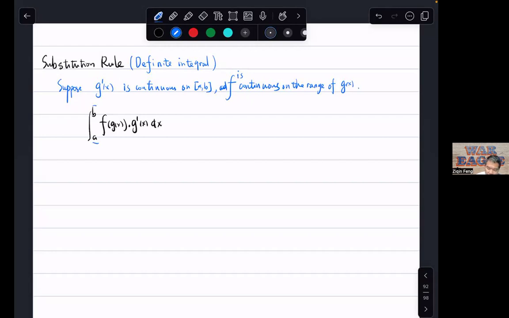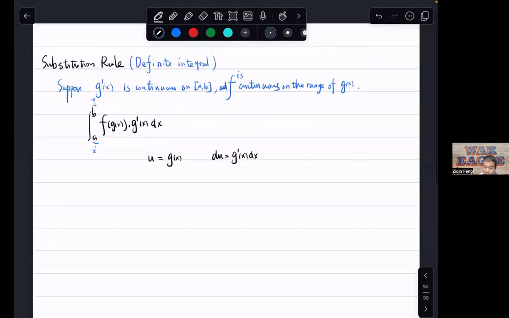So it should be x equal to a to x equal to b. When you do a substitution, as we did, you introduce a new variable, which is u. u equals g of x. Then du is g prime of x dx.